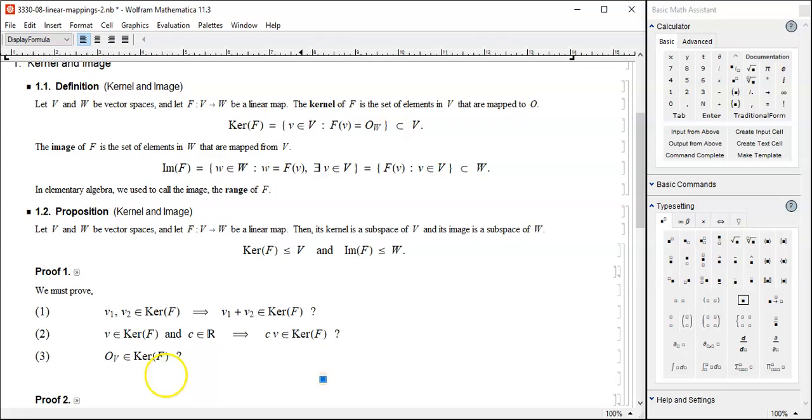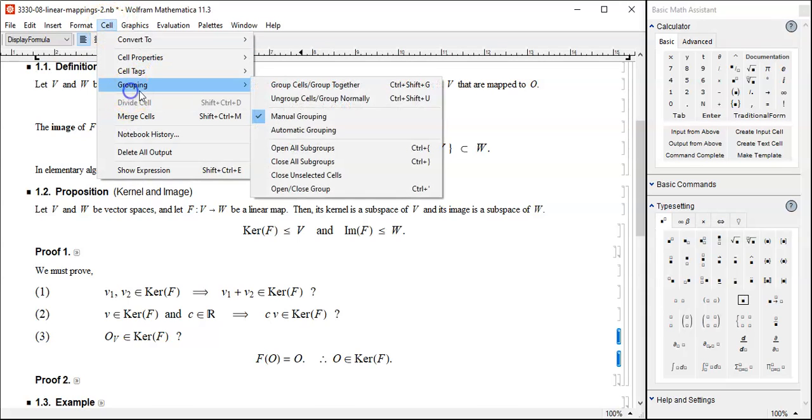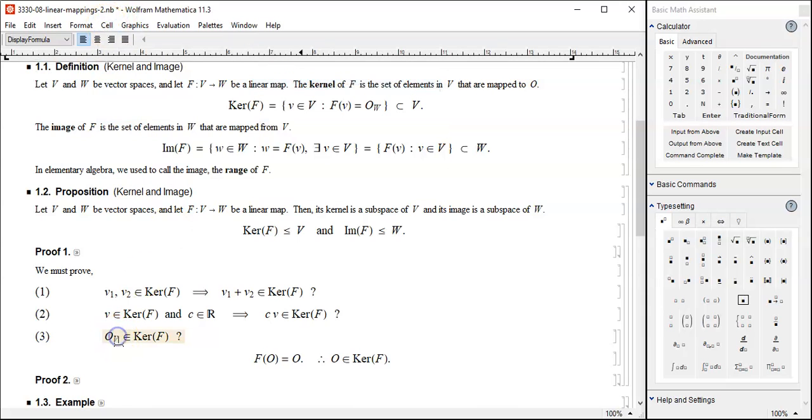So let's check that. f of 0 vector is equal to 0 vector. Is that true? Yes, of course. Therefore, the 0 vector belongs to kernel. By the way, 0V and 0W actually are adding confusion, so let's not use those anymore.